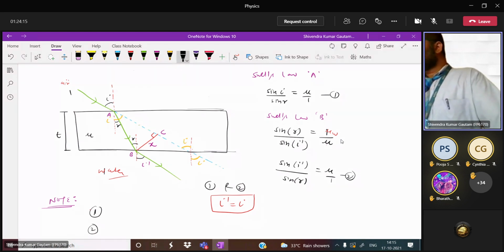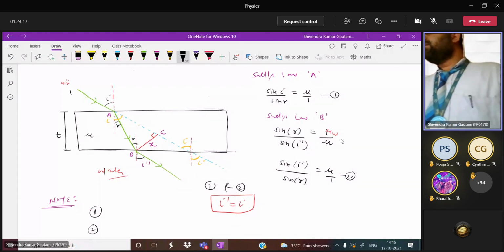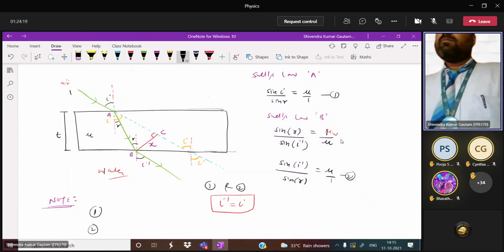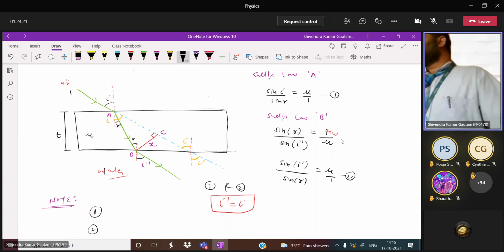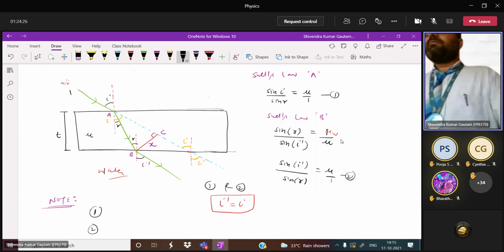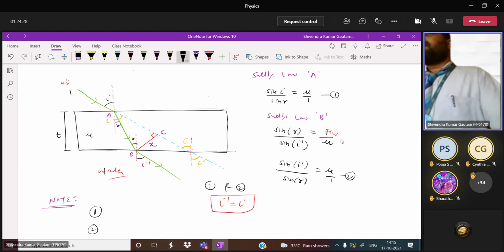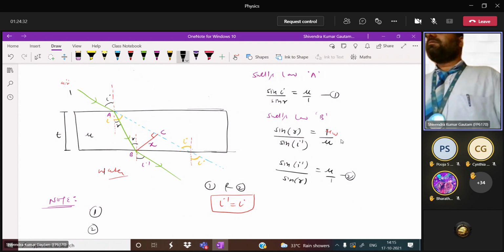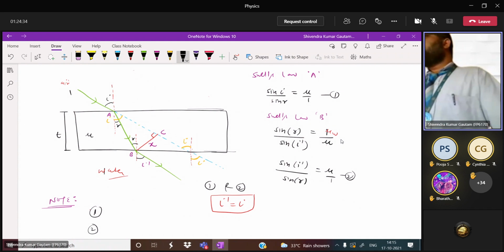Second, both refracting faces of the slab are parallel to each other.